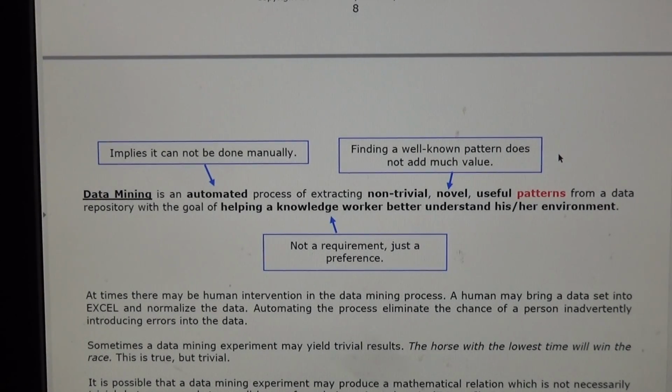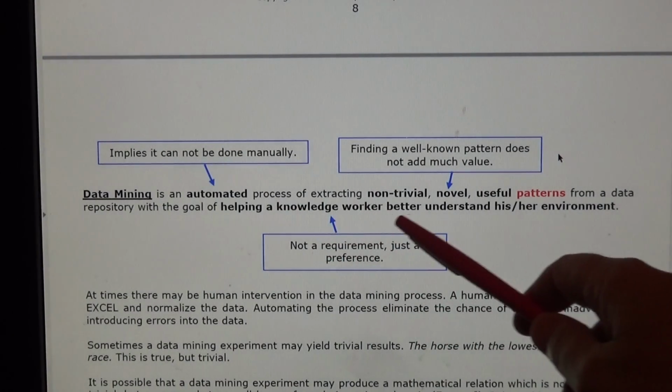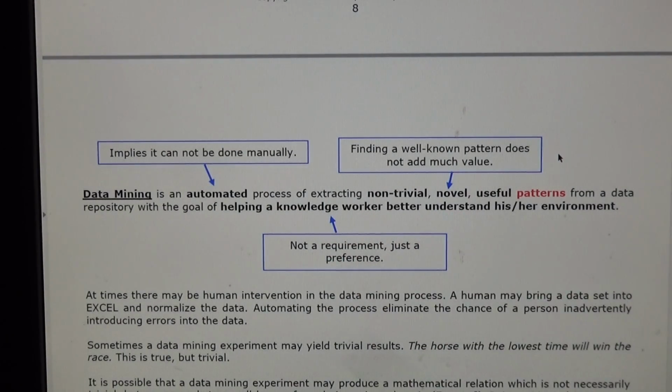And sometimes some of the tools we use, they produce a model that's very human readable and human understandable. Other times it produces something that we don't understand the model. So it would be nice if the knowledge worker can understand it, but not a requirement. An example might be you have a neural network which can predict the stock market and make you millions of dollars.